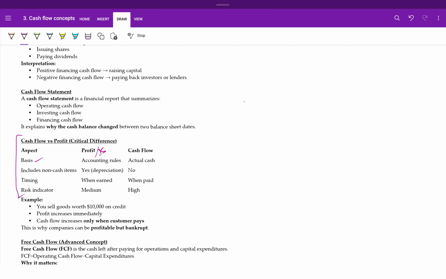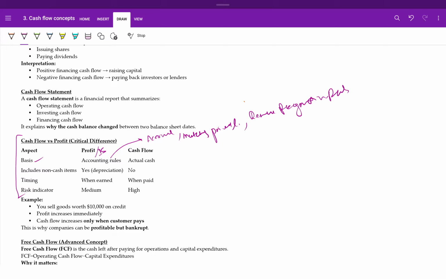Accrual concept, matching principle, and revenue recognition rule come into play. This means that profit is recorded when revenue is earned and expenses are matched, even if the cash is not received, maybe it was a credit sale.